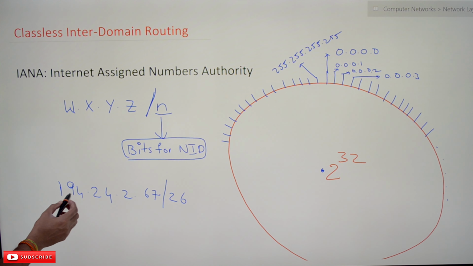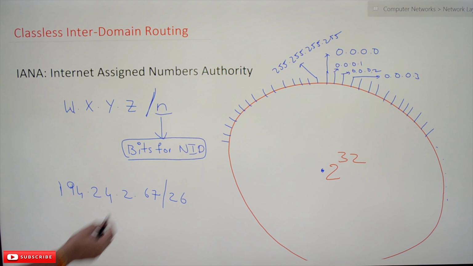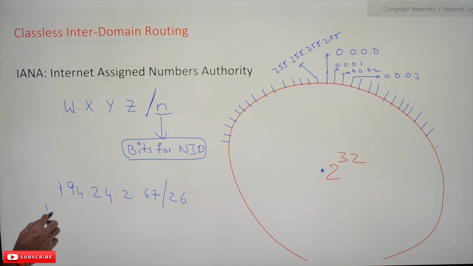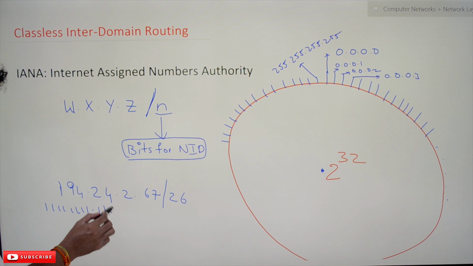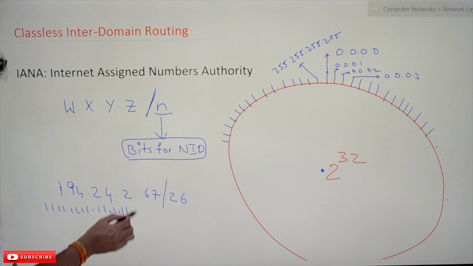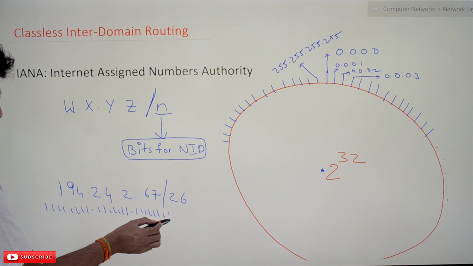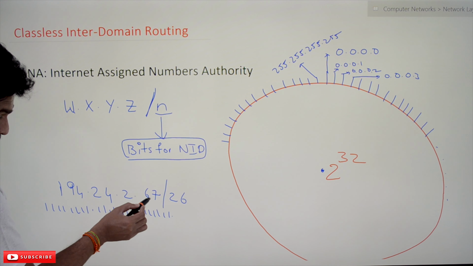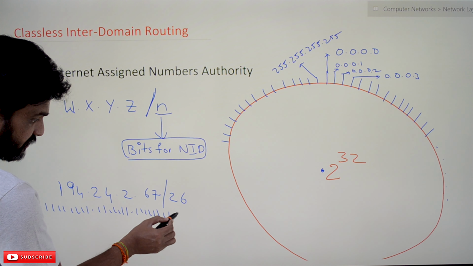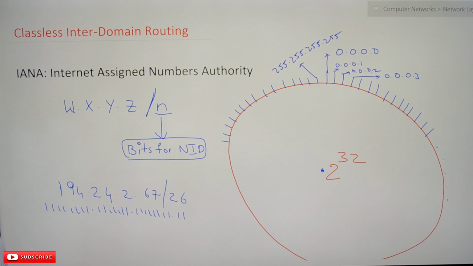So here, in 192.24.2.67/26, the first 8 bits are the network part, the next 8 bits are also network part, and the next 8 bits too. For the last octet, only 2 bits are for the network part.